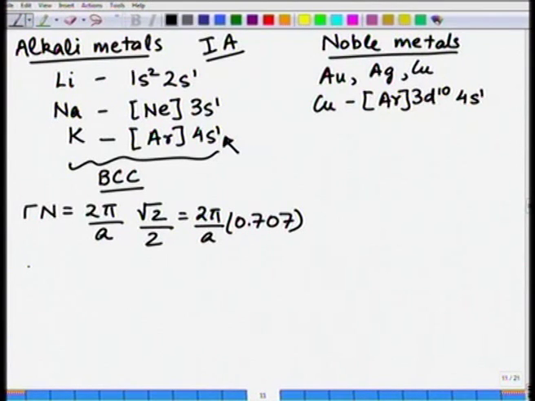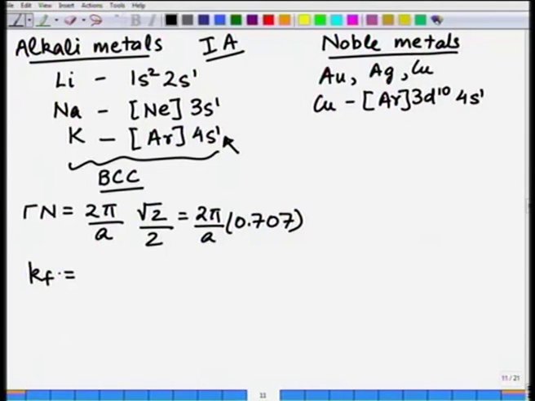Now, if I look at the Fermi sphere, the radius of the Fermi sphere in this case, if I think of the Fermi surface to be spherical and calculate for one electron, we have done all the derivations. If you calculate the radius of the Fermi sphere, you will find that this quantity is 0.620 into 2 pi by a.